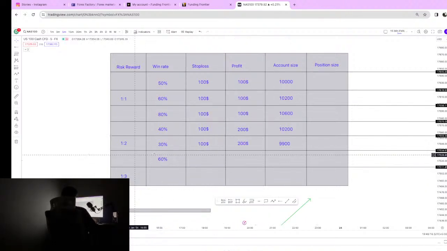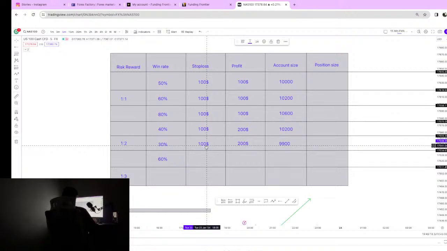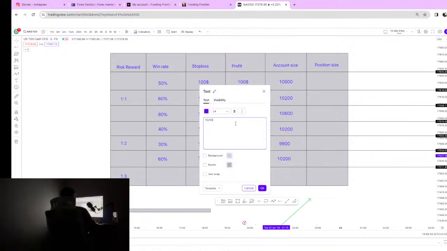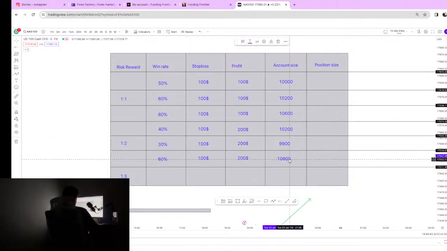Calculate for 60% for 1:2. It will be 10,800, right? So now this you will give me the calculation for this complete.